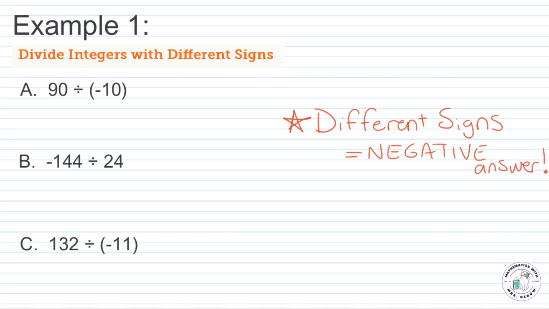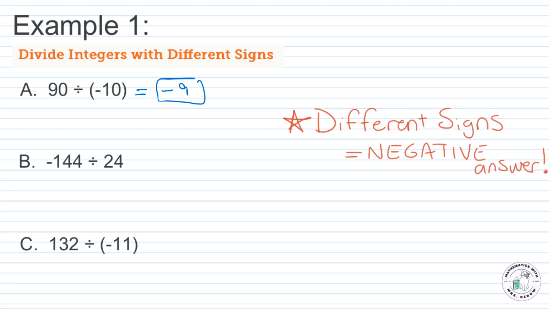Just like with multiplication, division follows the same rules. Different signs means you're going to have a negative answer. Quickly running through these, 90 divided by negative 10 is going to end up being negative 9, because again, different signs means a negative answer.